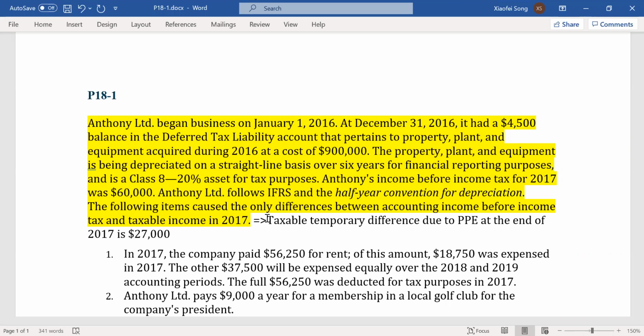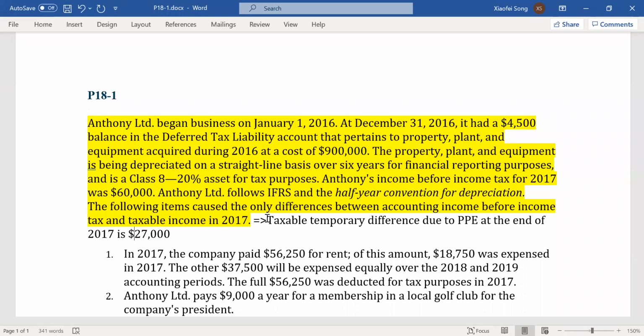You can calculate the depreciation of the first year and the second year, that's not hard because it's straight line. Then you calculate the book value for this asset. And you calculate the CCA for the first year, which is 20% with the half year rule. And you do the CCA for the second year: 900,000, subtract the CCA of the first year, multiply by 20%. And you determine the UCC.